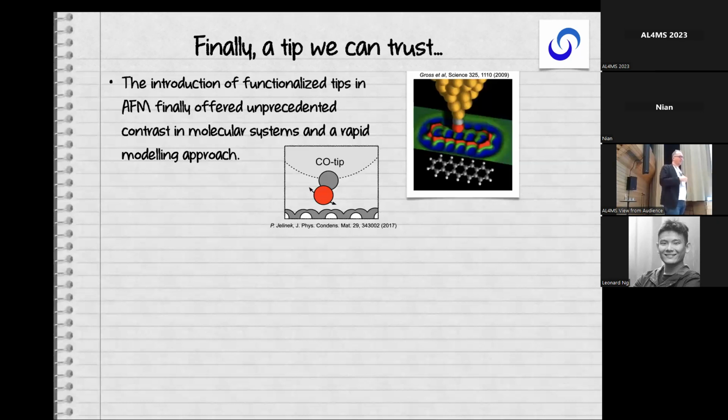And there was a breakthrough in IBM almost 15 years ago now, where they were able to pick up one molecule with a tip, controllably, reproducibly, and then using this molecule, they're able to obtain these really high resolution images in atomic force microscopy, where you basically are seeing, let's say, the electron density of the system.